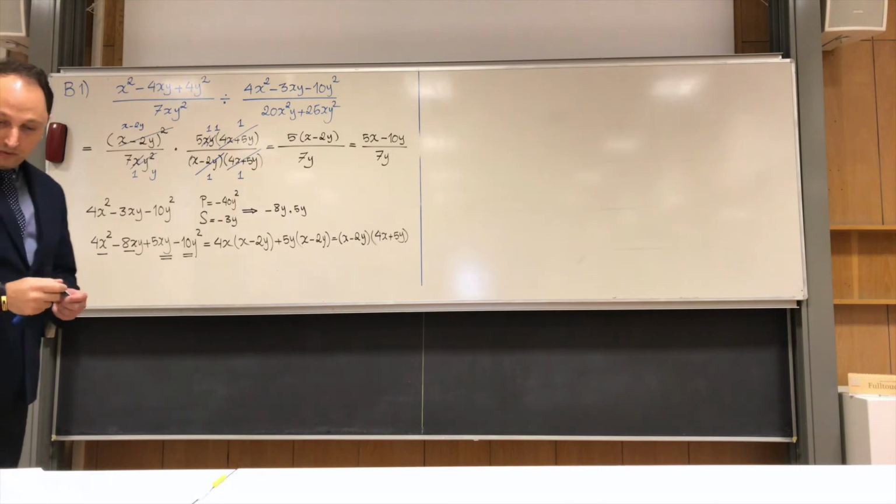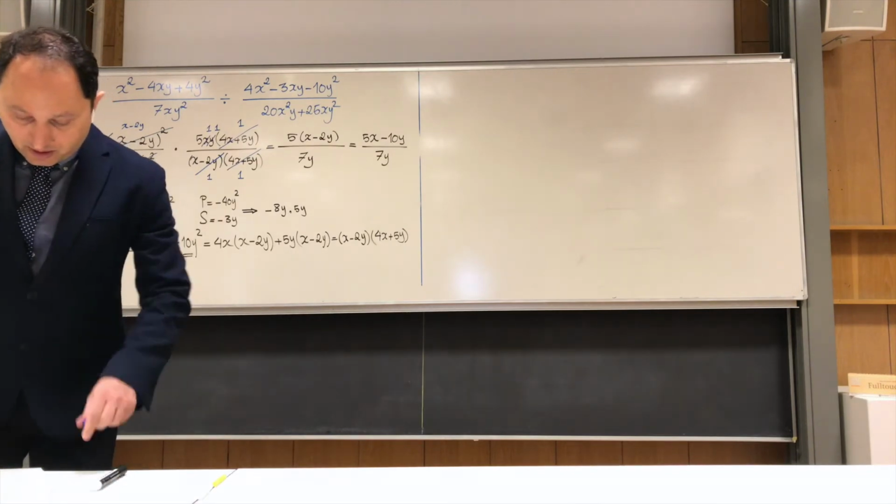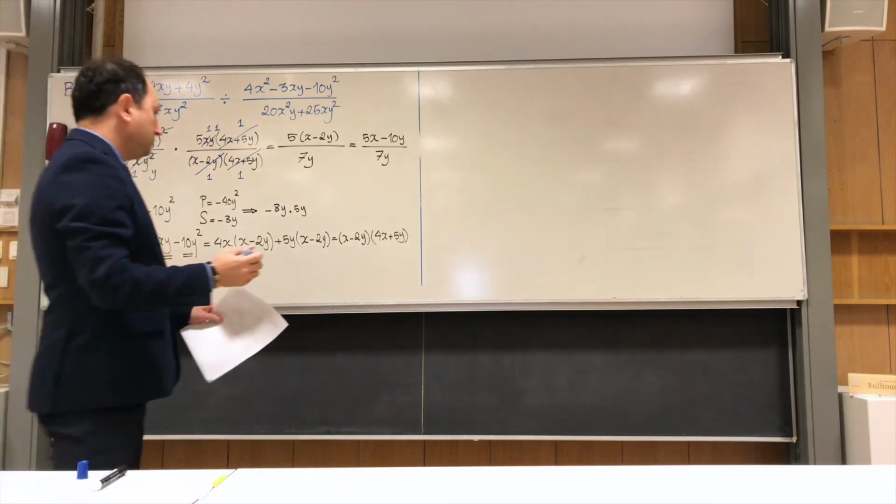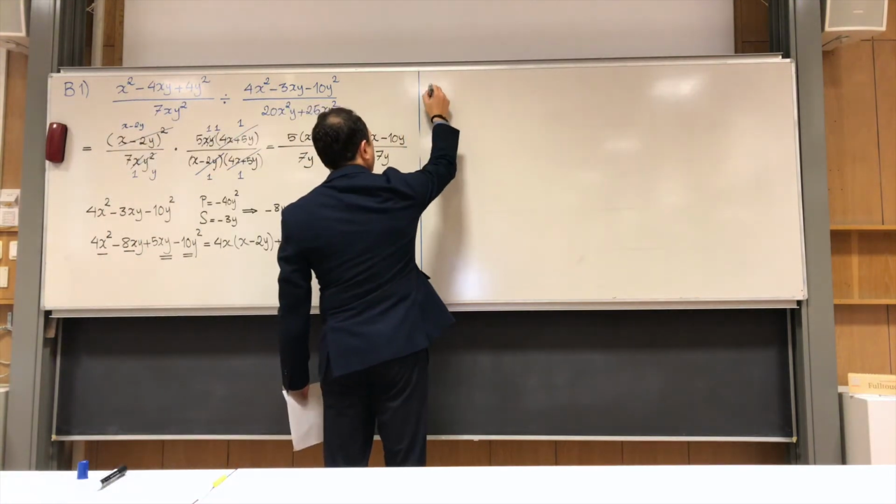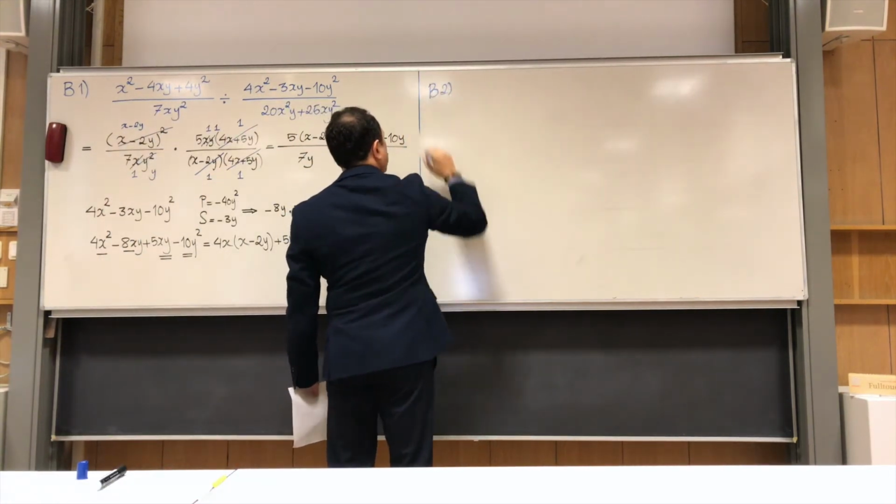So let me do the next one, which is B part 2. That's a mixture of multiplication and division.